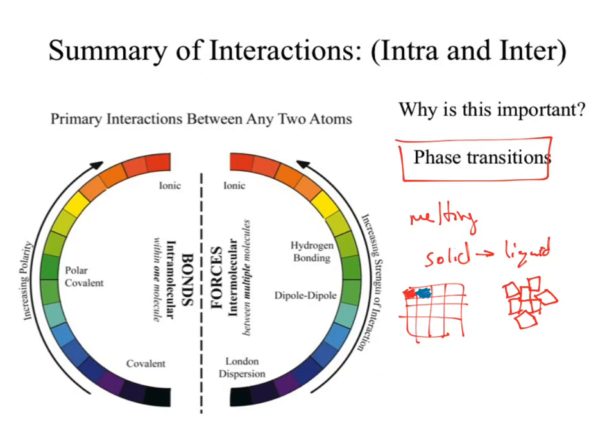It's a separate unit. It's a separate molecule. This is why we have intra within the structure and inter between separate structures. Our melting points and our boiling points are based off of between separate molecules. I'm looking at the force.